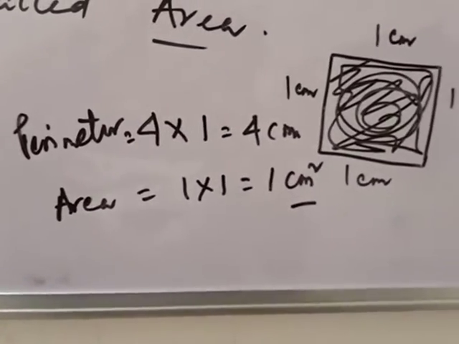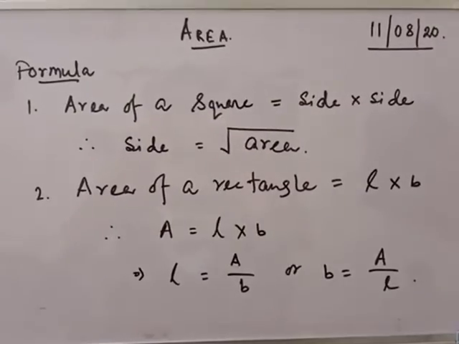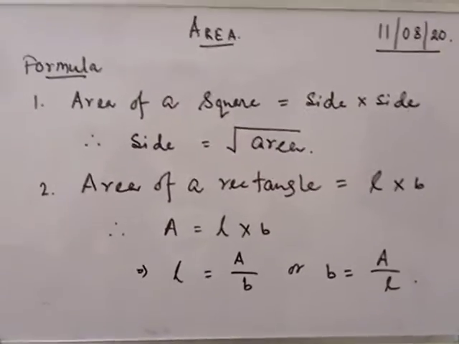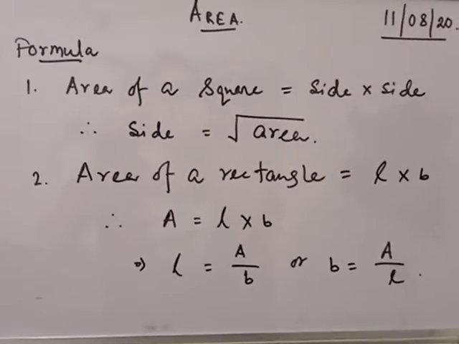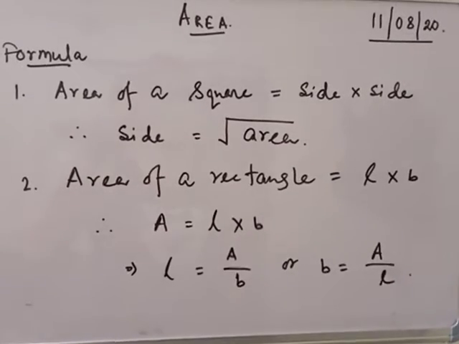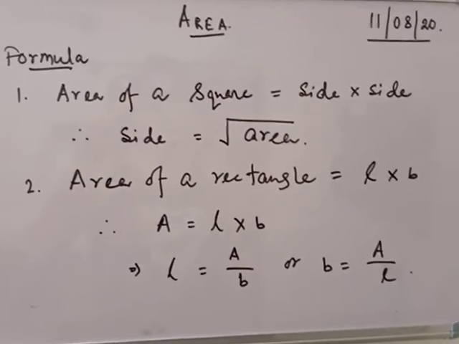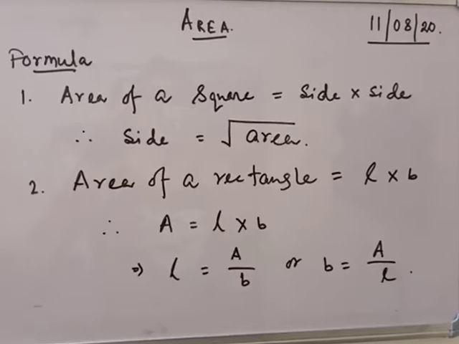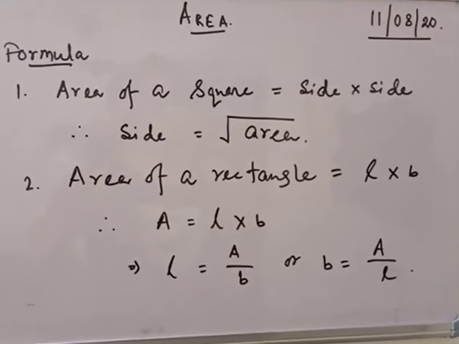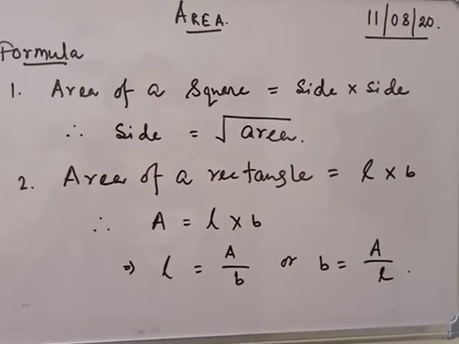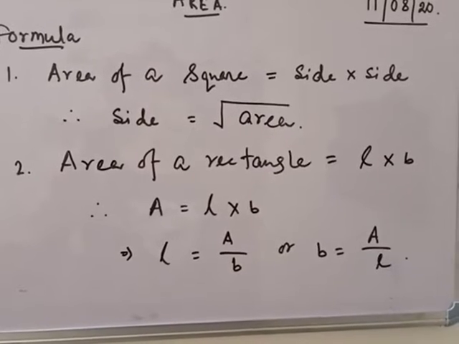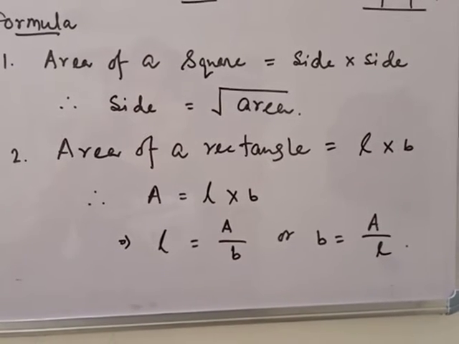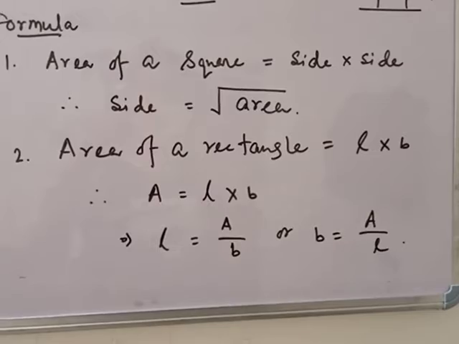Now go to the formula. Now see that in the formula part, area of a square is side into side. If one side is given, if we multiply with the same side, we get the area of the square. Similarly, side equals root over area. Area of the rectangle equals length into breadth.